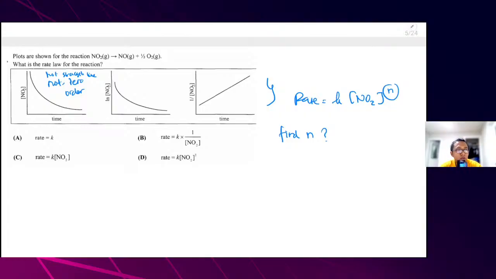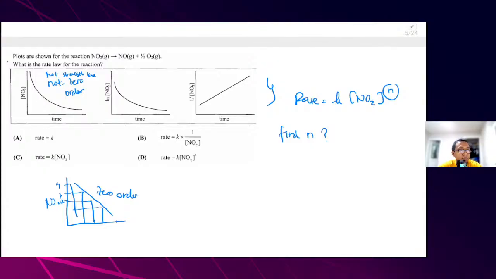Why? If it were zero order, it would be a straight line going down. For example, this is NO2, this is 4, 3, and then 2, and if this one is a straight line like this way, it will be something like this, right? So this is the criterion of zero order.